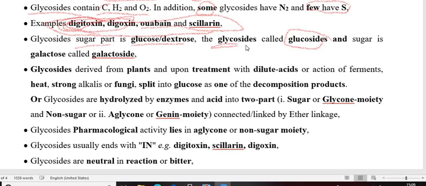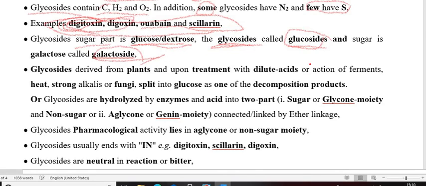If the glycoside possesses glucose, or you can say dextrose, it is called a glucoside. And if the sugar moiety of the glycoside is galactose, we call it a galactoside. So glucoside and galactoside are glycosides named based upon the sugar moiety.